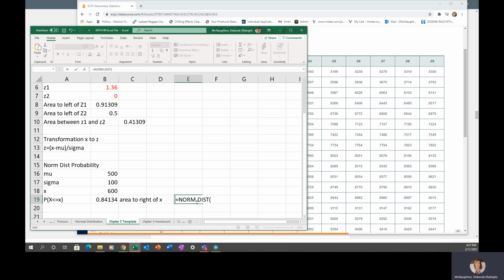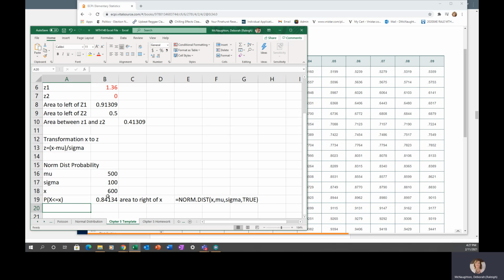So it's going to be x, comma mu, comma sigma, comma true. I'm just putting this in my notes so you can see it. So this is the formula: norm.dist x, mu, sigma, true, and that returned the 0.8413.